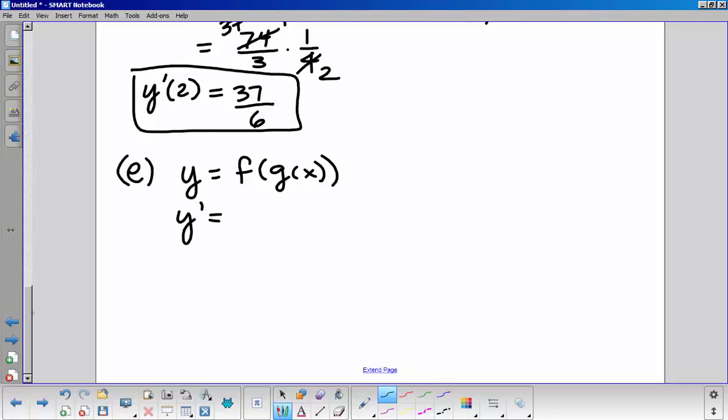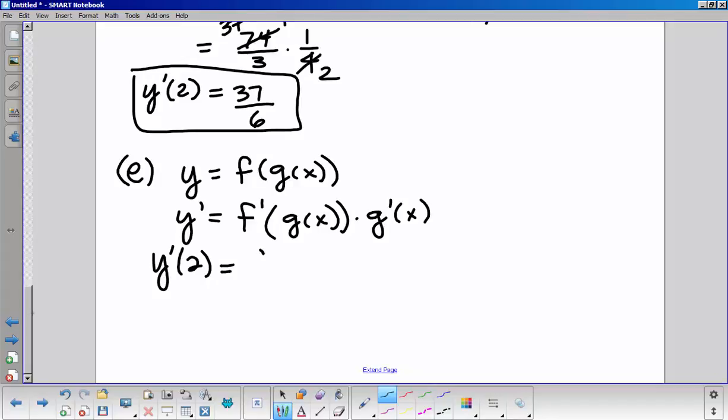It's going to be f prime of g of x times g prime of x, and we're going to evaluate this one at 2.